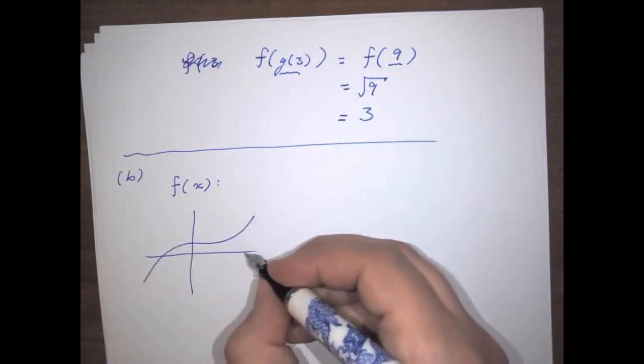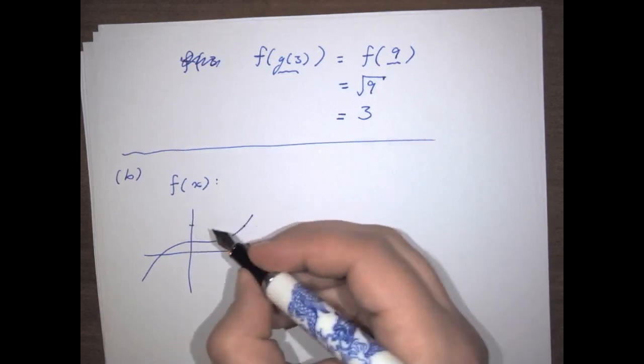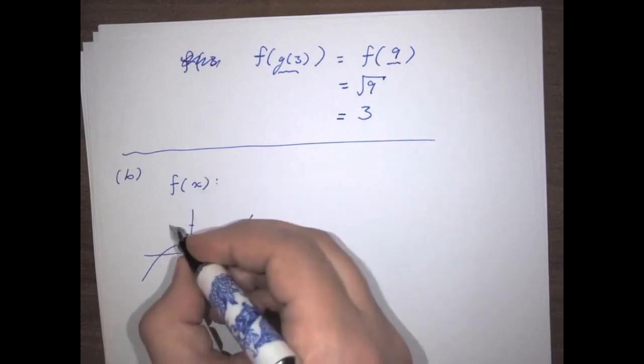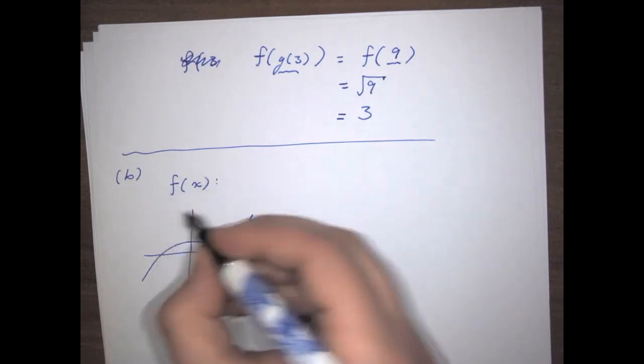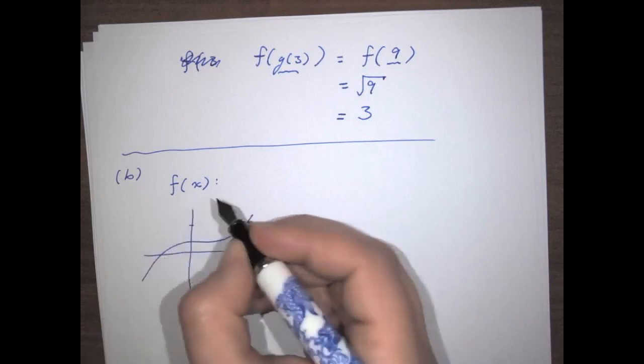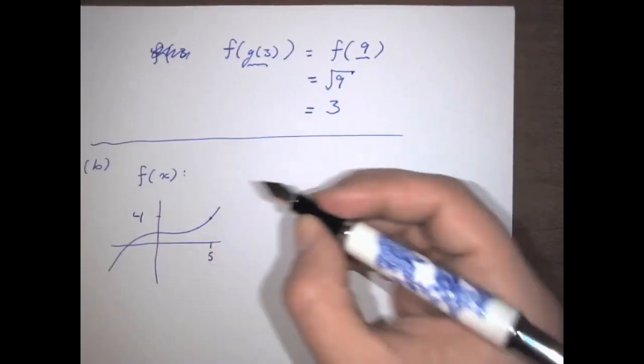And in particular, let's say that 5 here corresponds with the output of 4.